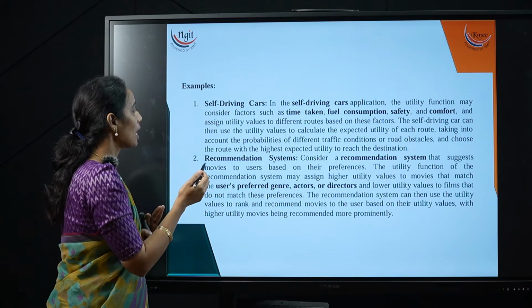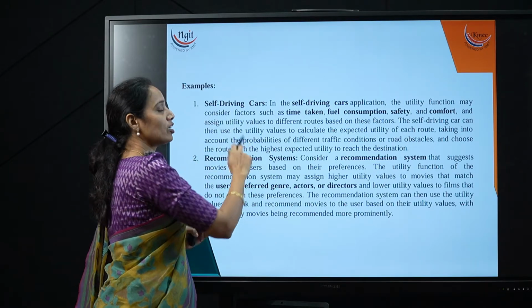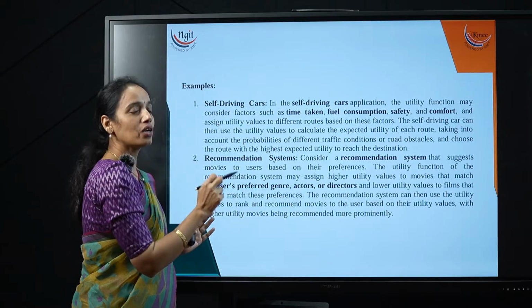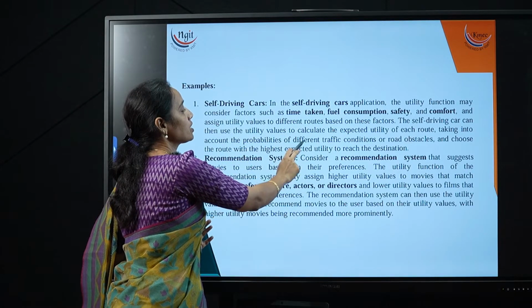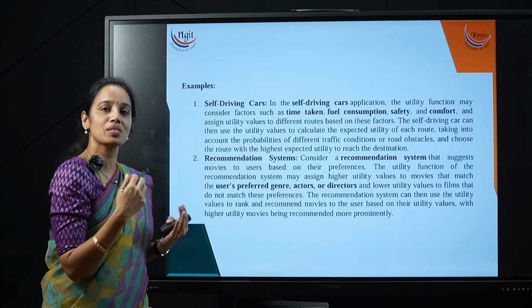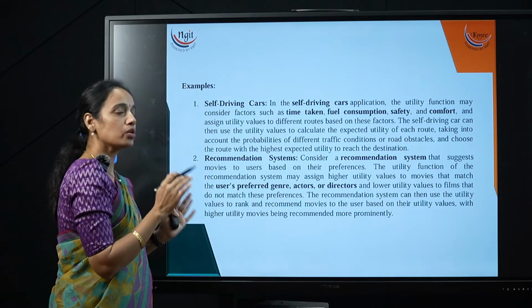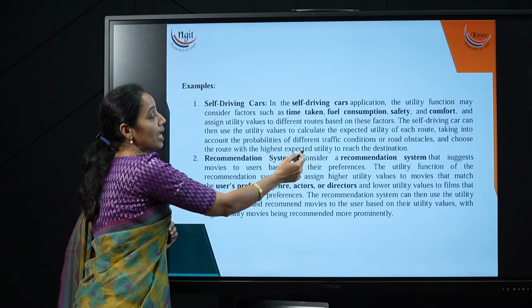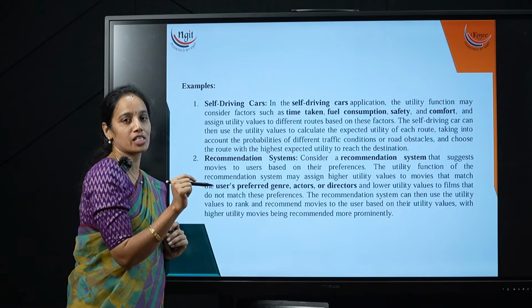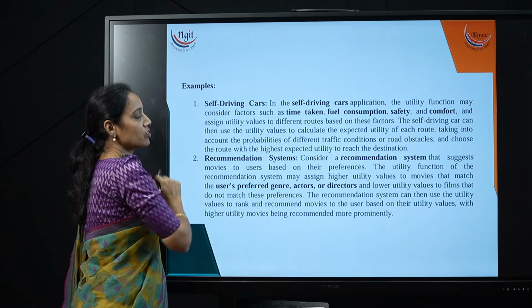The self-driving car can use these assigned utility values to calculate the expected utility of each route, taking into account the probabilities of different traffic conditions and obstacles on the road, and choose the route which gives the highest expected utility to reach the destination. That is an example of a self-driving car.